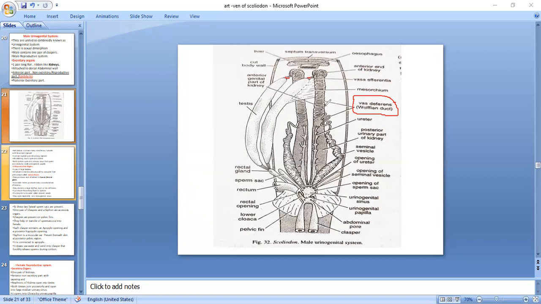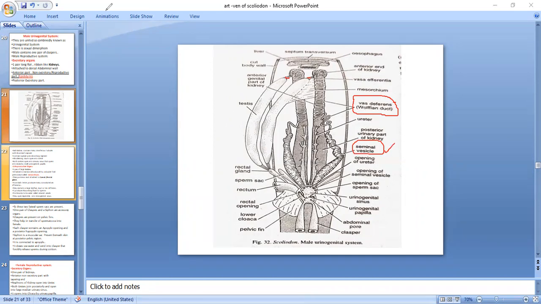After the vas deferens, the convoluted tubule continues like many coiled areas, and its posterior part is broader. That part is known as the seminal vesicle, which temporarily stores the spermatozoa.